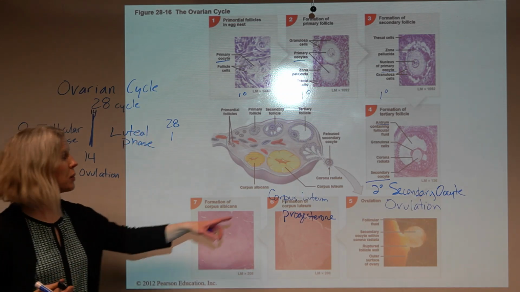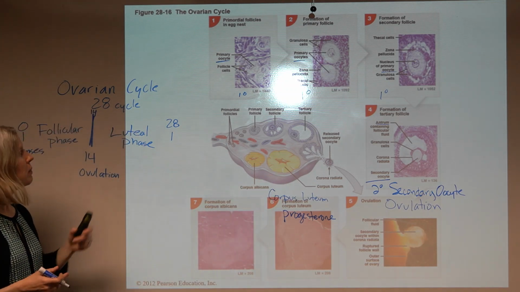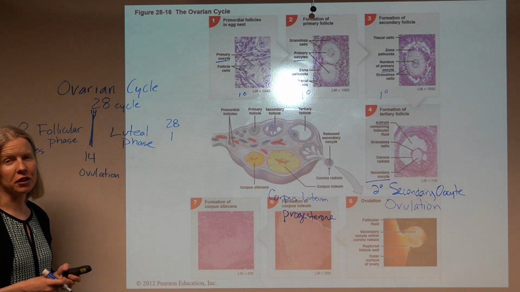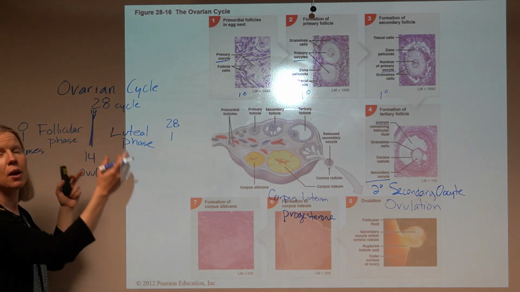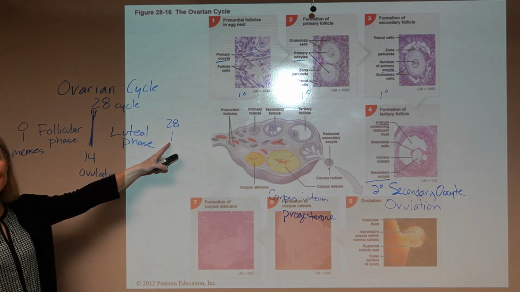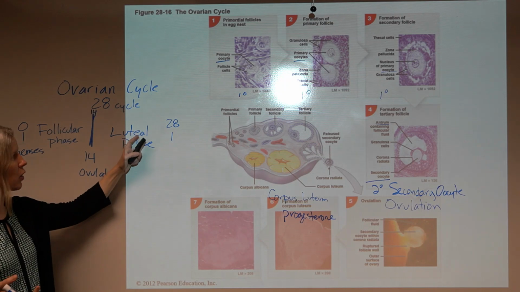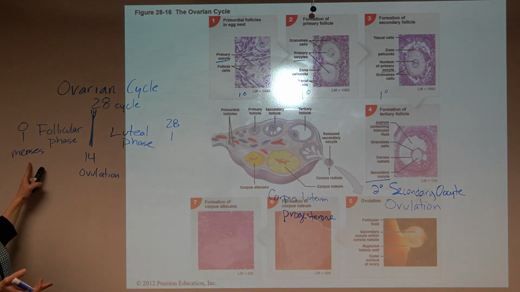And this is because the corpus luteum is producing progesterone, making this a very different set of events. Okay, so follicular phase and luteal phase make up the ovarian cycle. If pregnancy has not occurred on day 28, we say the corpus luteum becomes the corpus albicans, and we go right back to the beginning of the cycle.